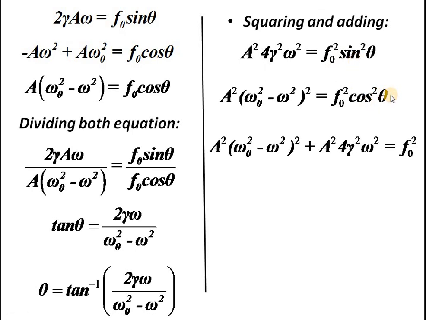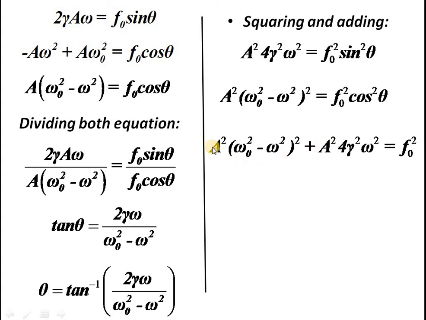So you add it. The moment you add it, you can see sin square and cos square disappear. So now we have a square into this factor plus a square into 4 gamma square omega square equal to f0 square. You should know that our purpose is to find the value of a.